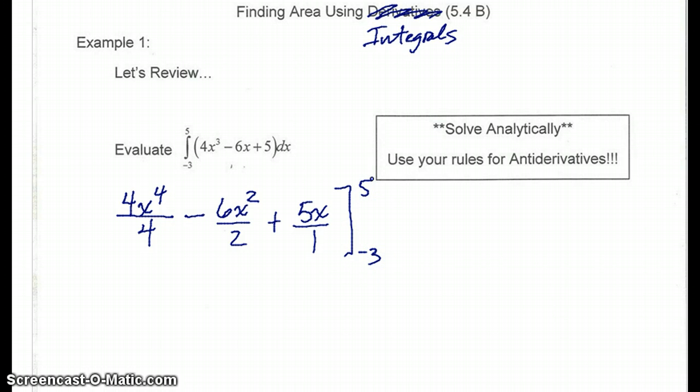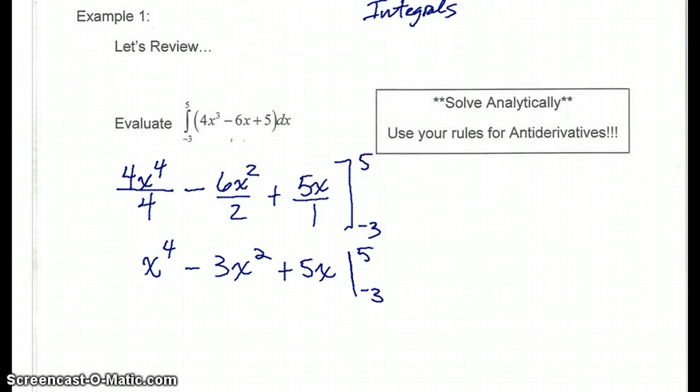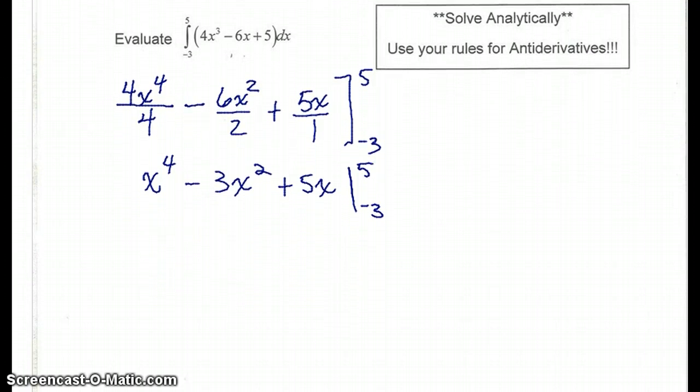Before we move any further, let's make sure that we simplify. Once we have simplified, the next thing we want to do is plug in our b and our a.